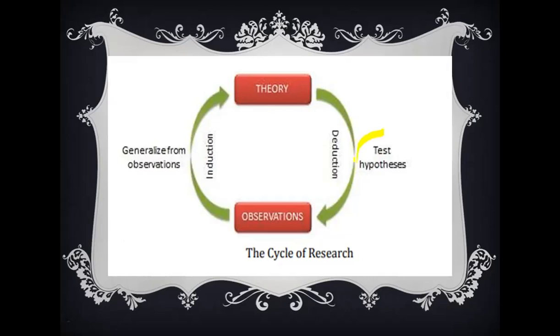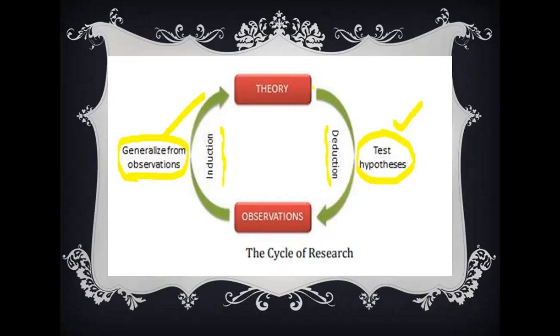That is, we are testing the hypothesis. That means we are using this method, deduction. And from observations here, we build the theory. That means we are using induction, or we are generalizing from observations to build the theory.